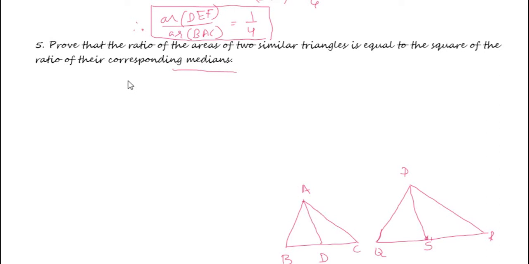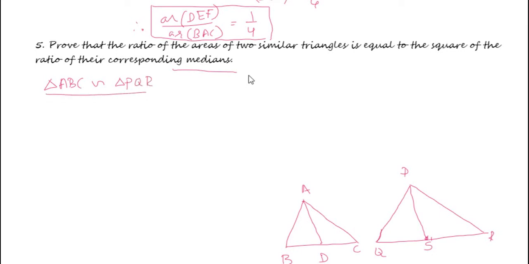But here we have to prove that it is equal to the square of the ratio of their corresponding medians. So what is given here is triangle ABC is similar to triangle PQR. These are the two given triangles.